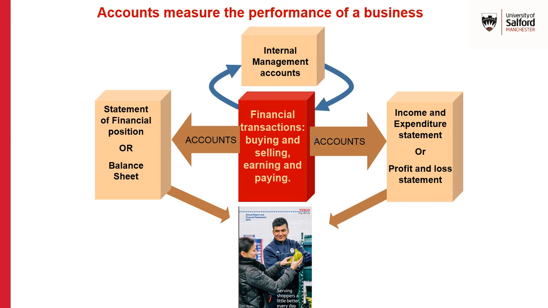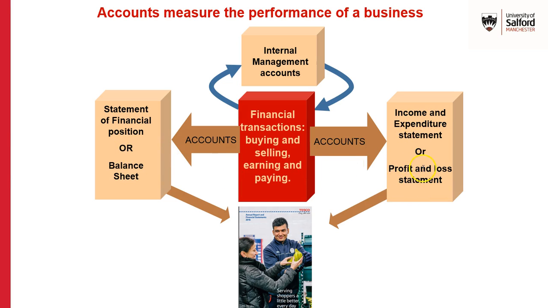So transactions which involve sales, the sales side of a transaction will go into a particular account, acquiring an asset into an asset account. These accounts are then reported into two major statements.